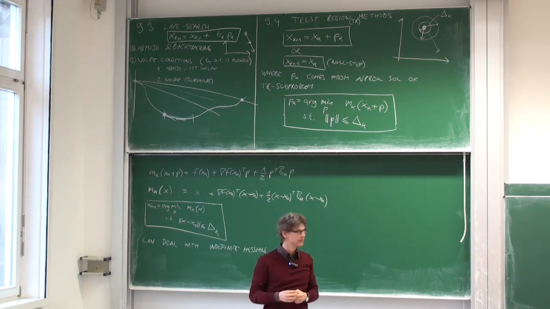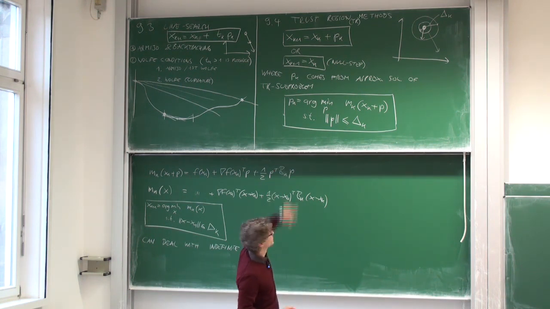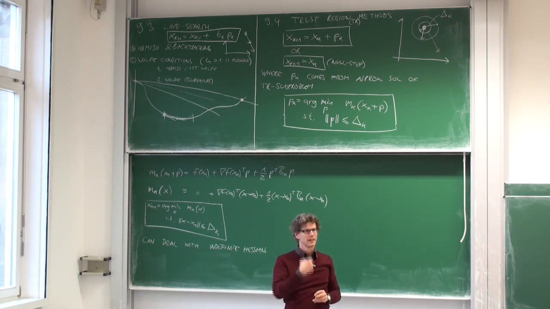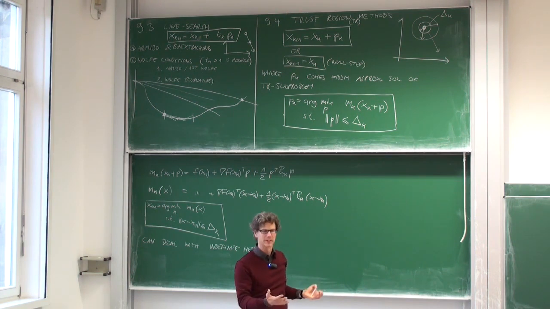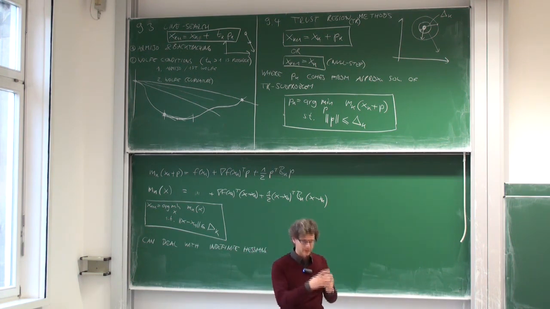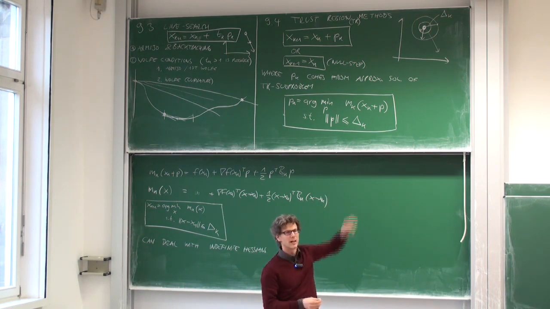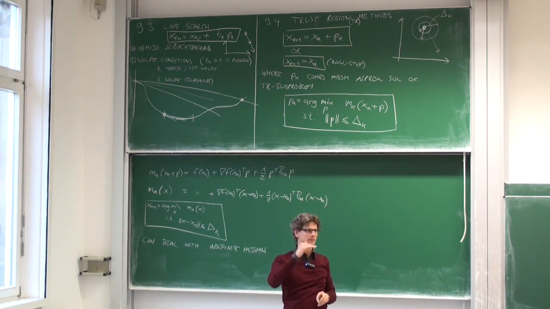And so what the methods do is, as I said, they either do a full step, so then they are happy with this step, or they realize, no, this step is not acceptable, I need to make my radius smaller, and then I resolve in the next iteration the same problem with a smaller radius. That might give me a different direction, but at some point this direction will surely be a good one because I have a good model.